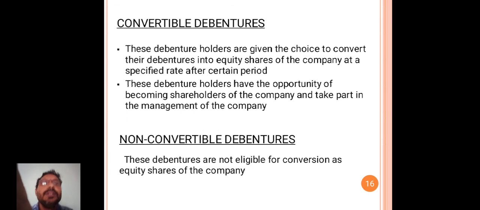Then convertible debentures. These debenture holders are given the choice to convert their debentures into equity shares of the company at a specified rate after a certain period.